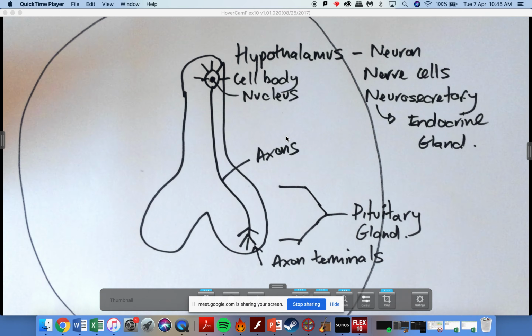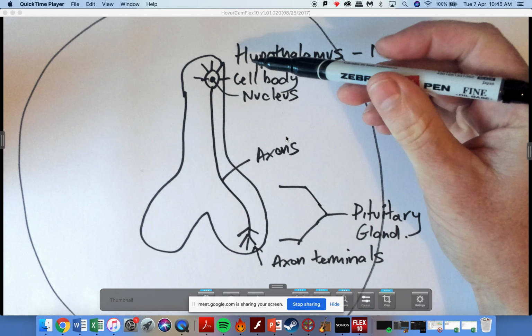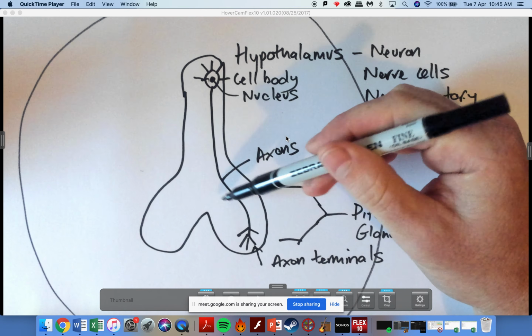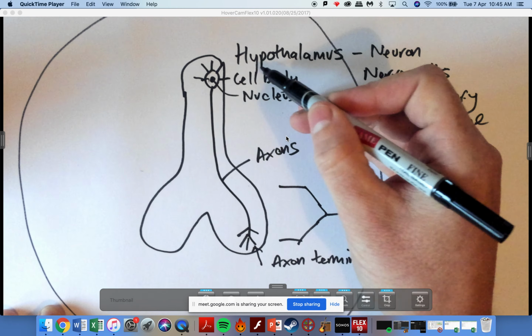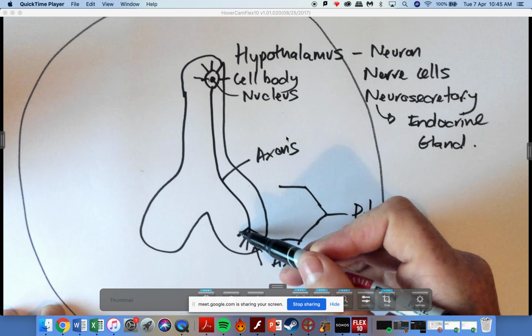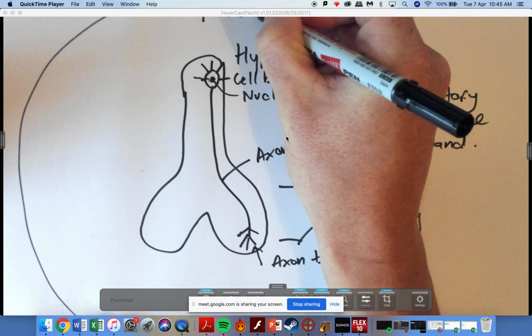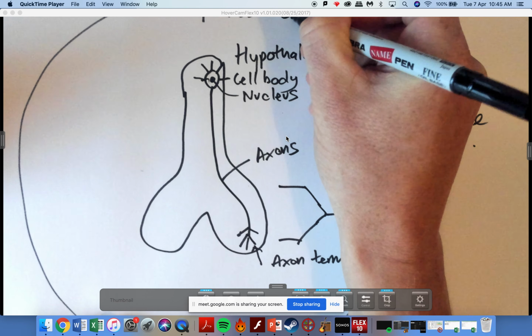So one part of the pituitary is getting its hormones from the hypothalamus, and the cells here don't actually do any production. If we're thinking about someone's face, this is the posterior, towards the rear.